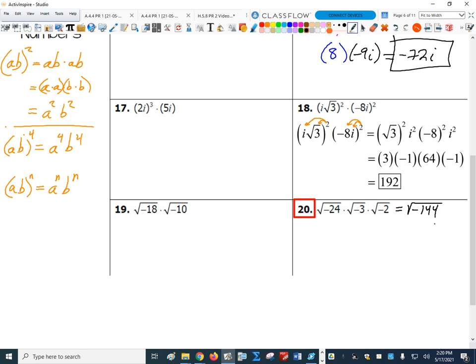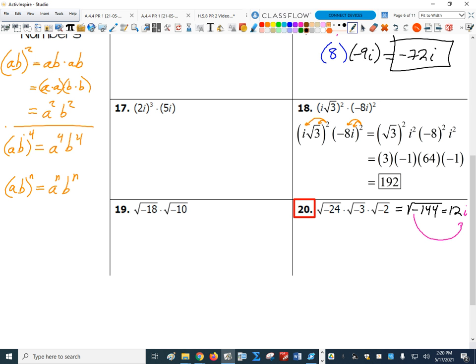The square root of negative 144 would give me square root of 144 is 12, and then I get an i, right? Does that make sense? Okay. But now let's treat these separately, and let's see what happens. The square root of negative 24 is the square root of positive 24 times i, right? Everybody agree?